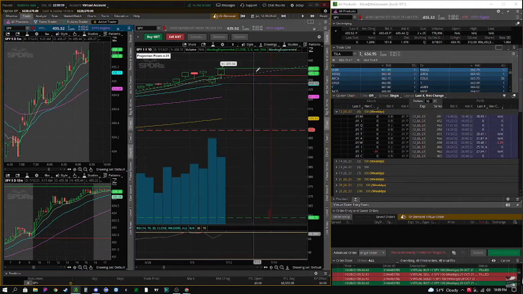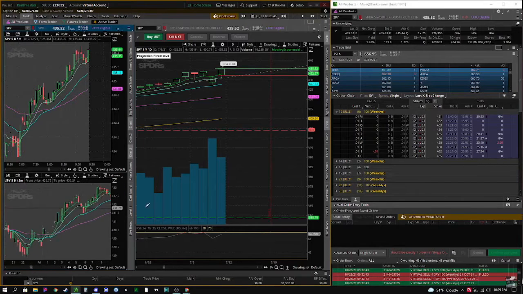This is all part of pre-market analysis. I guess there is where we touched at one point, but I don't see it in the candles, so maybe we touched it in pre-market.